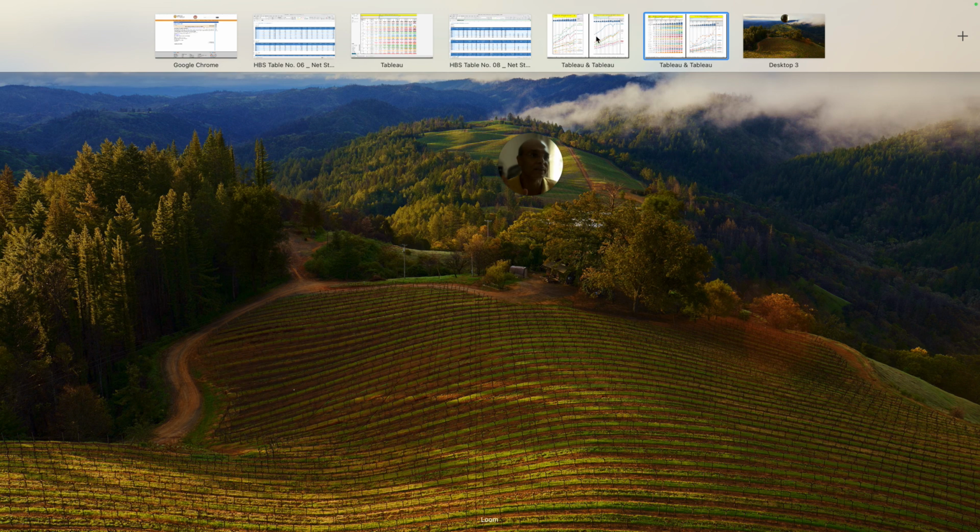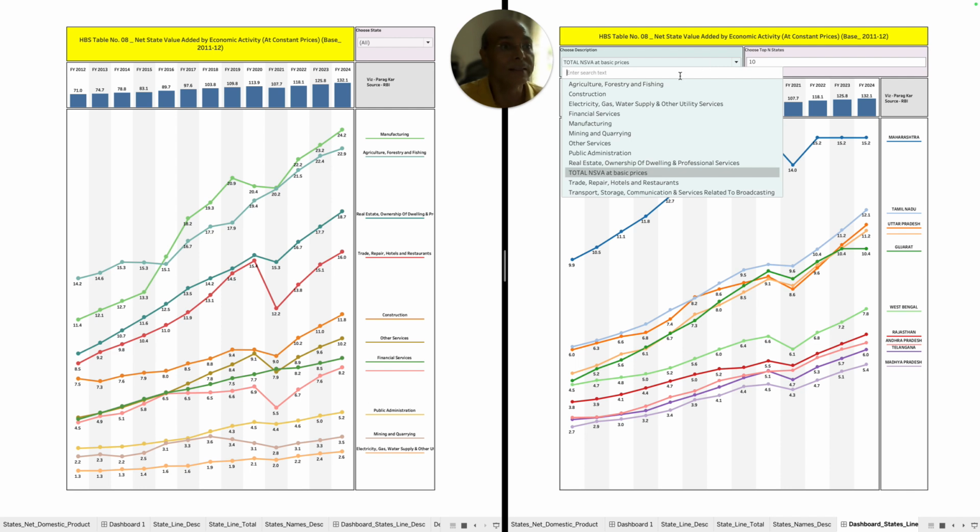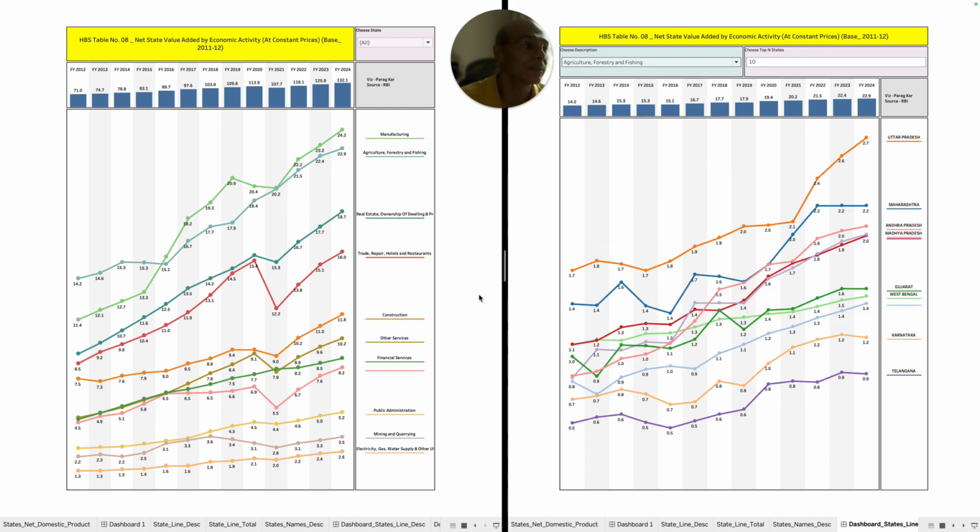So now, since I don't want this video to go on for very long, let's start immediately and look at the ranking of the various states against the various economic categories. For example, agriculture, forest and fishing. If you look at agriculture, forest and fishing, you will find that Uttar Pradesh again stands first against all states.